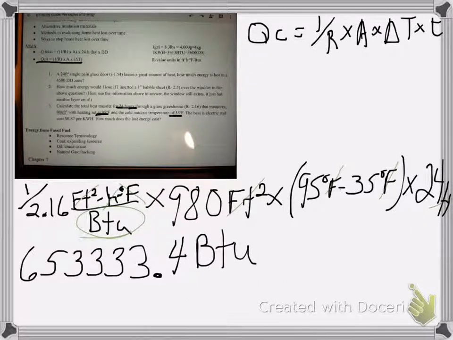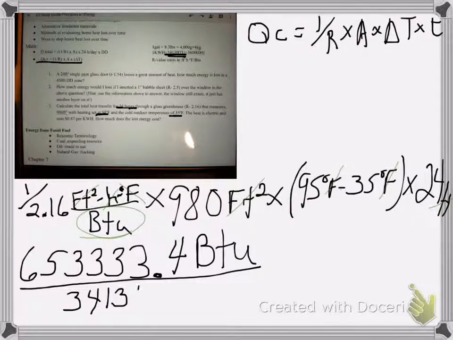The next part of the question asks me to find how much this energy is going to cost me. And we know that it's per kilowatt hour, so I have to change my BTUs to kilowatt hours. To do that, I'm going to use right up here where I have my conversion. I'm going to divide this by 3,413, and that is BTUs per 1 kilowatt hour.